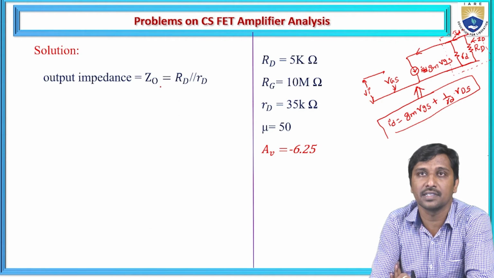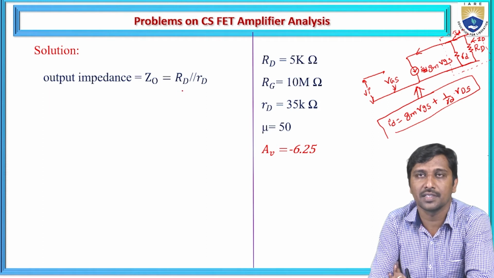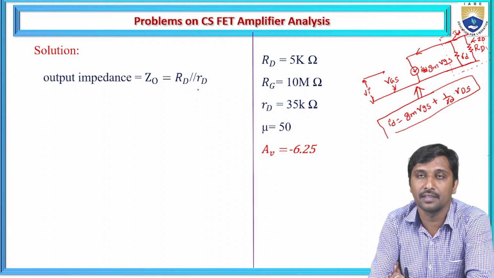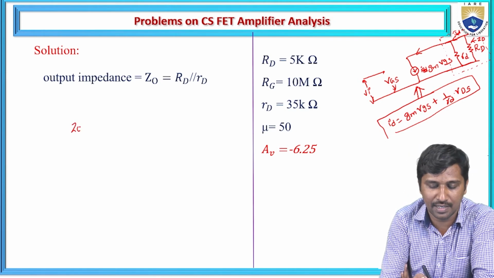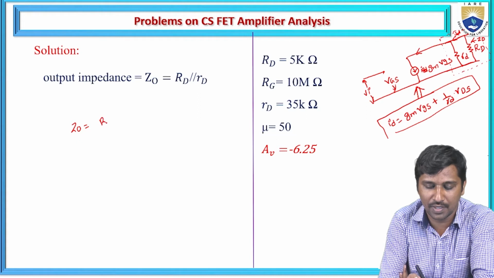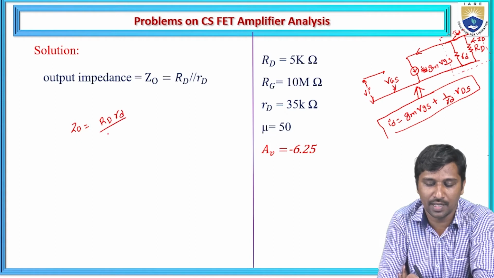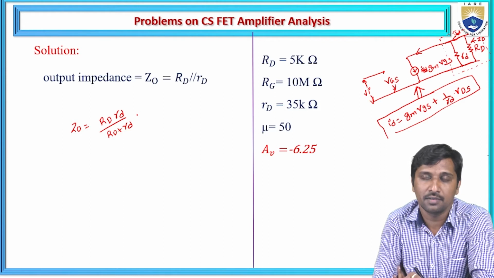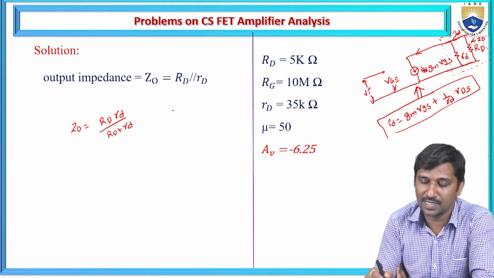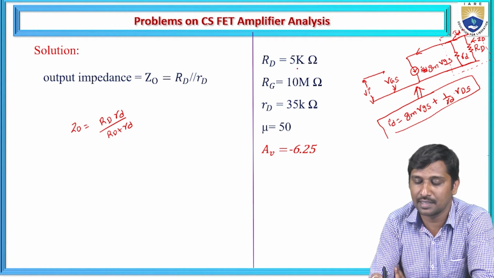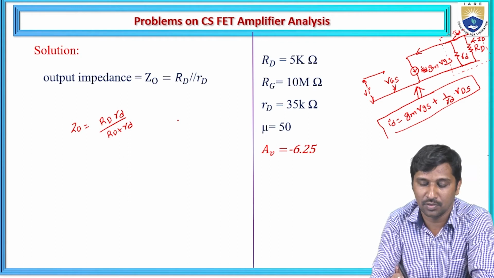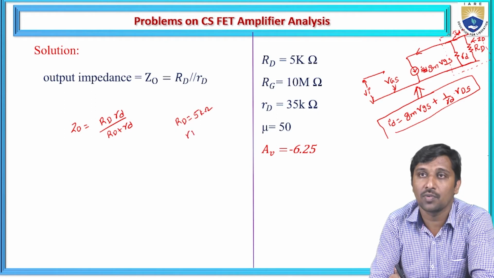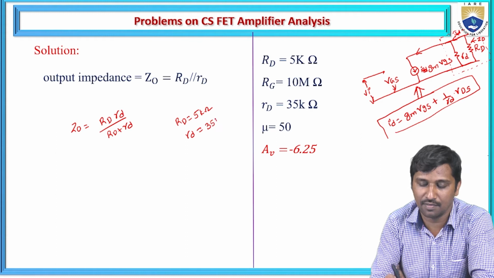Hence, Z0 is equal to capital RD into small rd by capital RD plus small rd. Based on the given specifications, capital RD is 5 kilo ohms, and the small rd is defined as 35 kilo ohms.